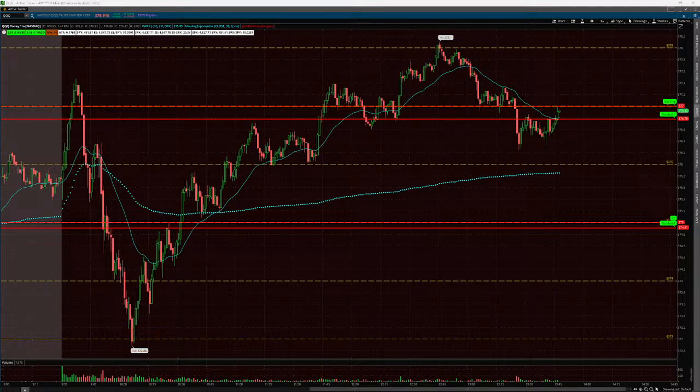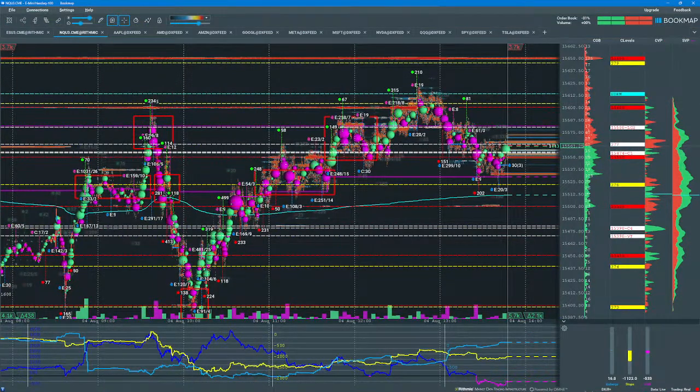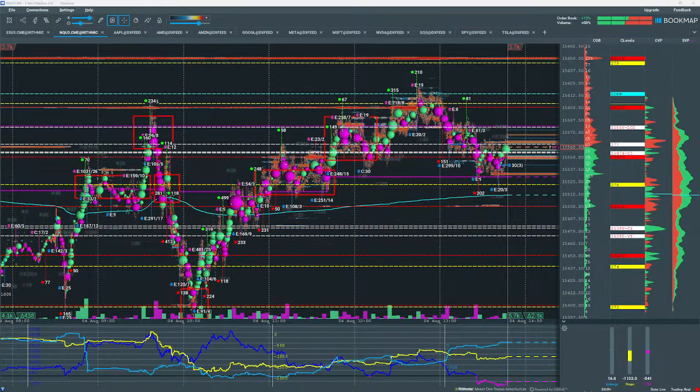All right, let's go back to Bookmap. So this is NQ futures. I have my cloud notes here, and I have a combination of levels on my cloud notes. There's the 373 level that did act as support. I also have NQ levels, the zeros and the 50s, shown in red. And then I have key NDX levels.